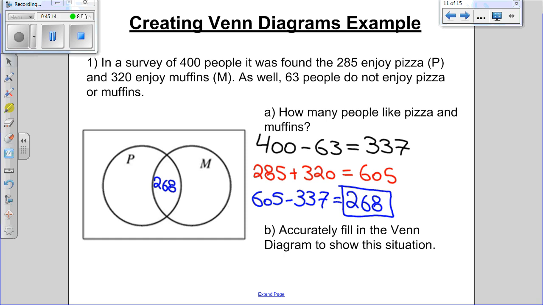How many people like just pizza? 17 people like just pizza. How am I going to figure out how many people like just muffins? Same thing, but you're just using the muffin people. So 320 minus 268 equals 52.